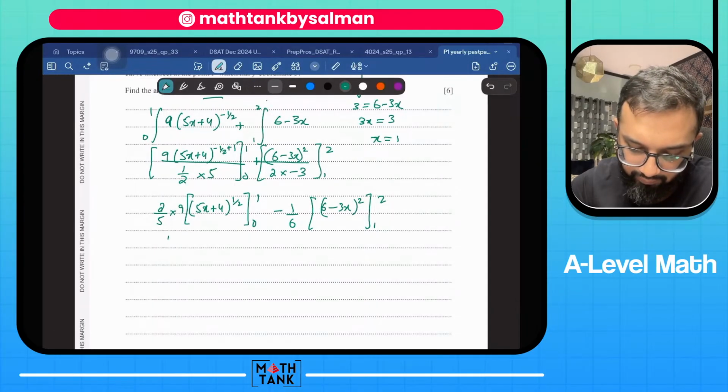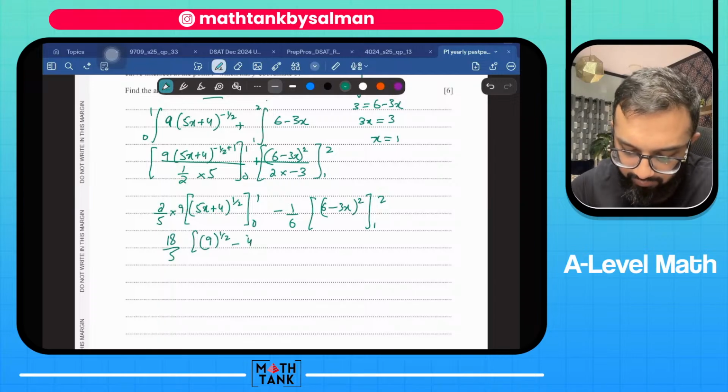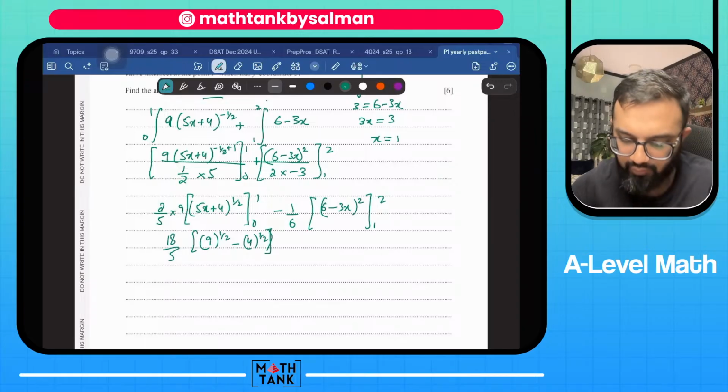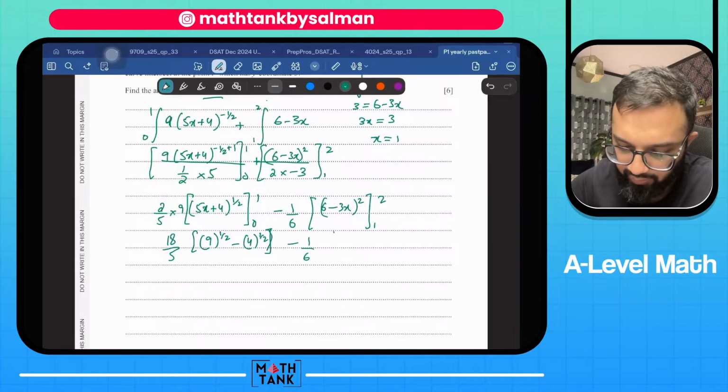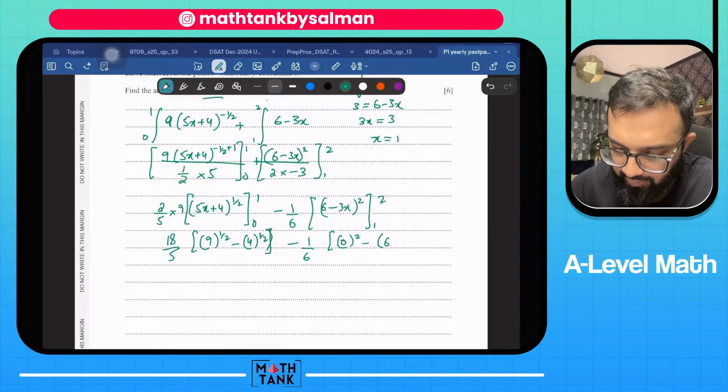It's 18 over 5, 9 power half, minus 4 power half. Okay, once I've applied the limit 1, and the other time I've applied the limit 0. So 6 minus 6 is 0 power squared, minus 6 minus 3 power squared. Yeah.